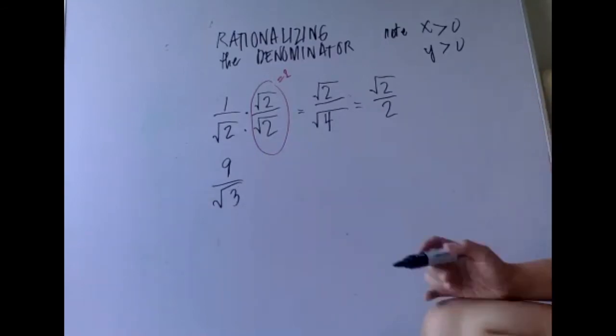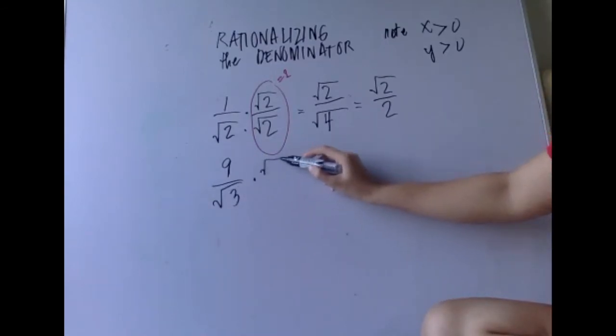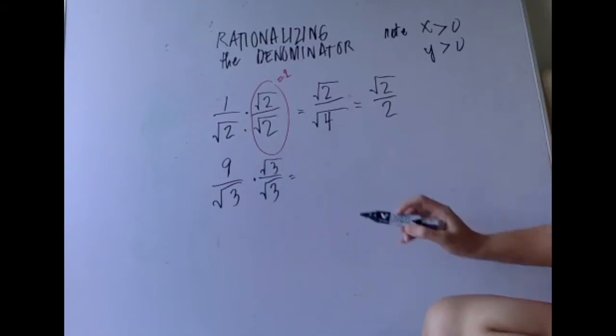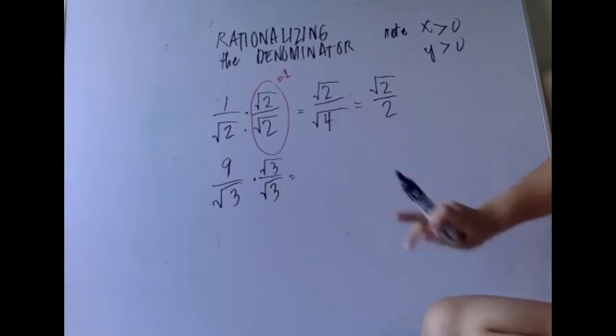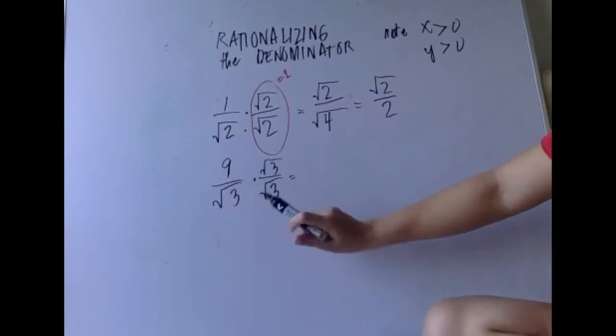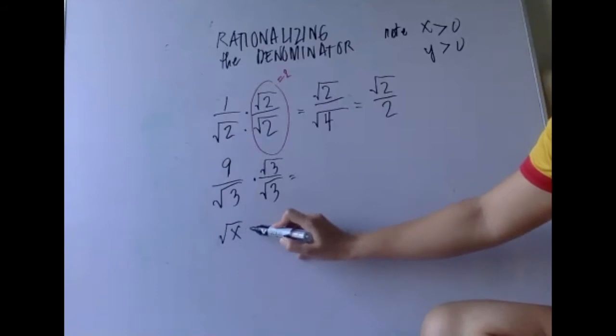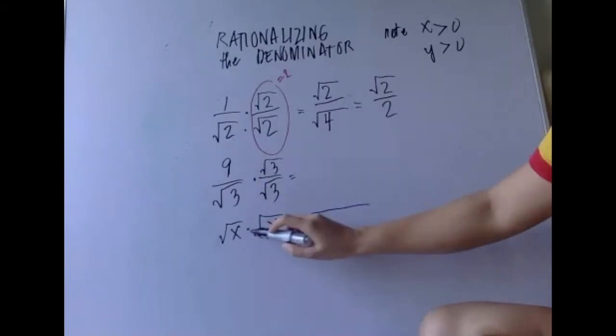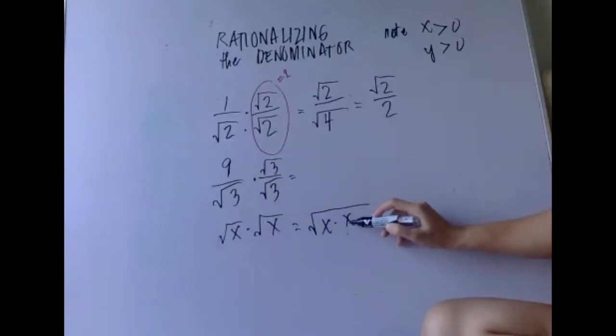How about this one? We just need to multiply it by square root of 3 over square root of 3. Okay? So, hindi ko na isusulat yung square root of 4. Alam na natin na kapag you have square root of x times square root of x, that's just equal to square root of product nilang dalawa, x times x.